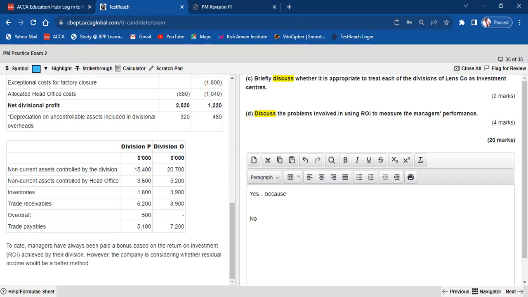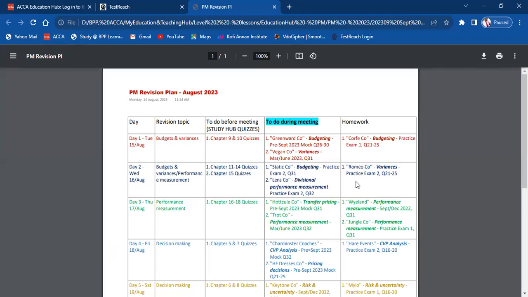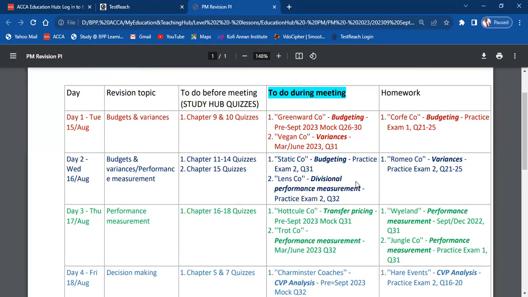2 questions planned for the night. To do: static budgeting, practice exam 2. Learn, divisional performance measurement, practice exam 2. So we've done those 2.